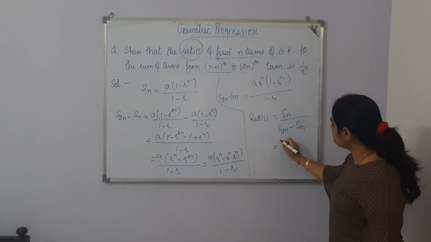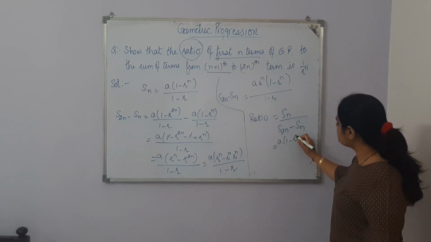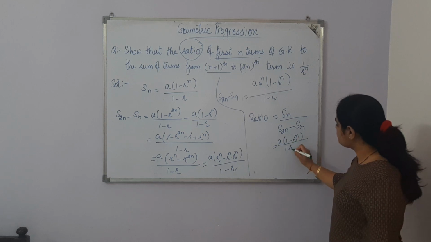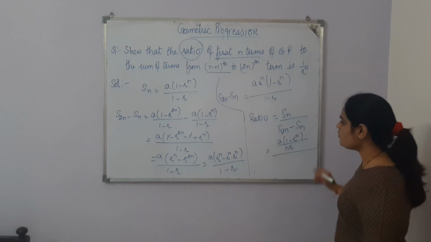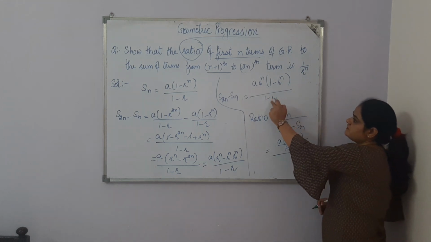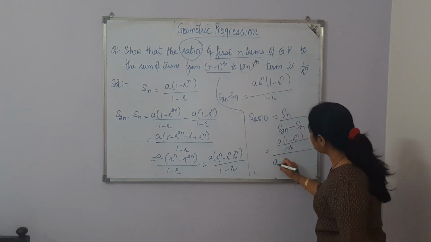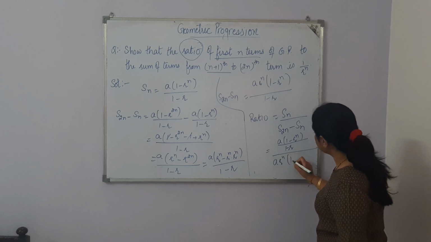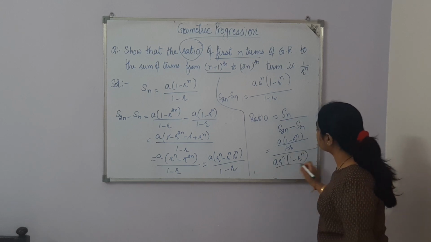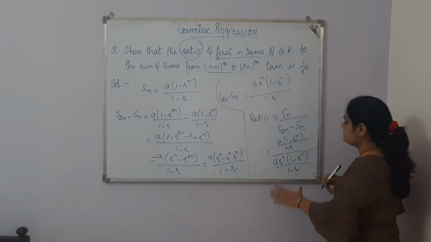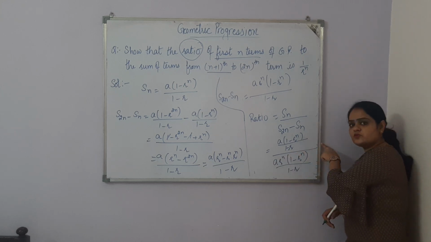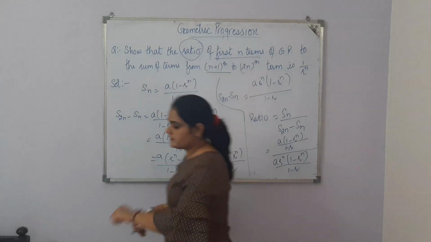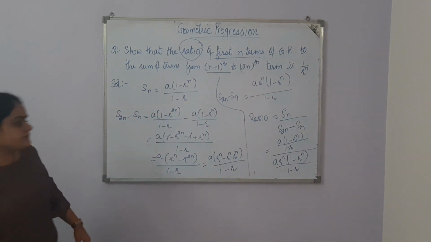Sn is a into 1 minus r raised to power n upon 1 minus r, whole upon S2n minus Sn, which we found here: a r raised to power n, 1 minus r raised to power n upon 1 minus r. Now it is in the form of a by b upon c by d, so when we go to multiplication, the second fraction gets reciprocated.